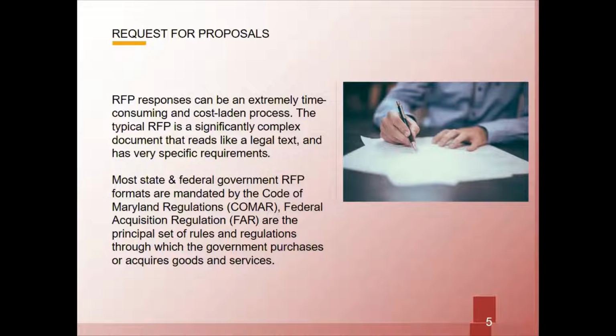And if you are submitting a federal solicitation, those regulations are governed by the Federal Acquisition Regulation, known as the FAR. I generally refer to these 2 items as the Bible, the COMAR for the state, the FAR for the federal government. They are the principal set of rules and regulations through which the government purchases its goods and services, and one in which they expect you as a contractor to abide by.